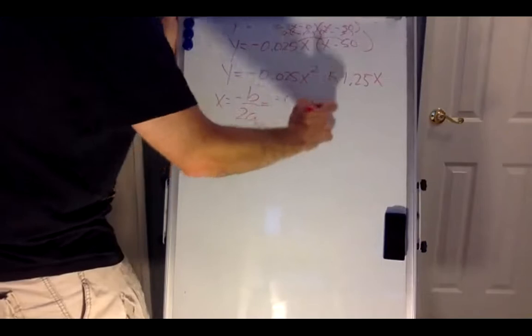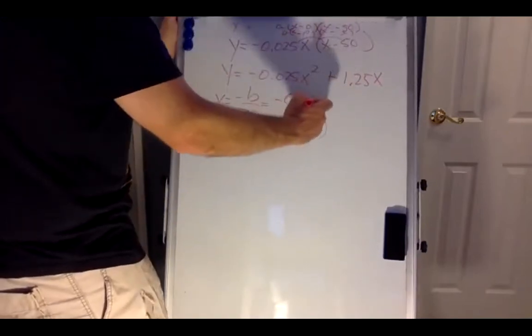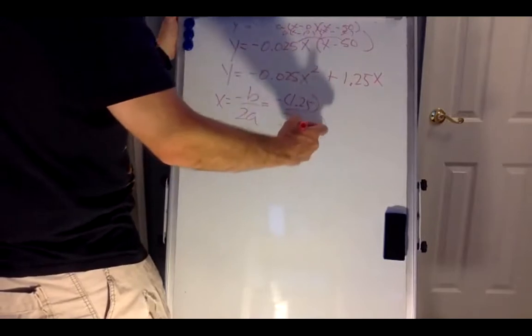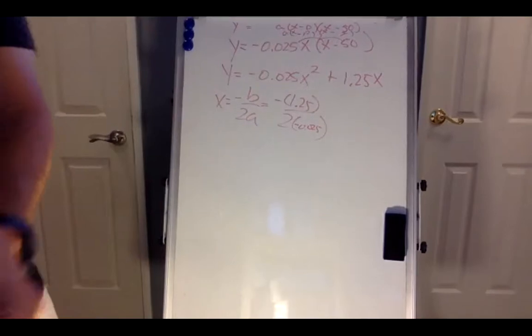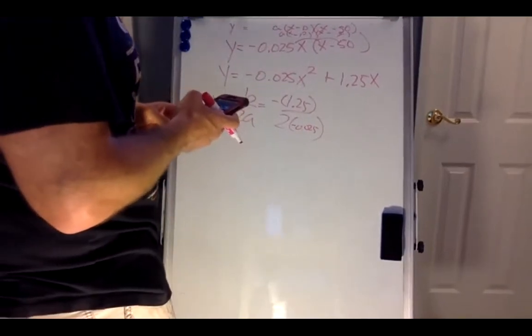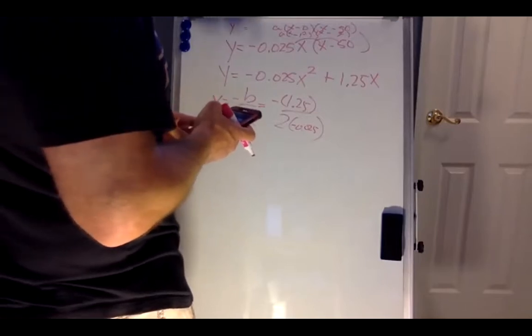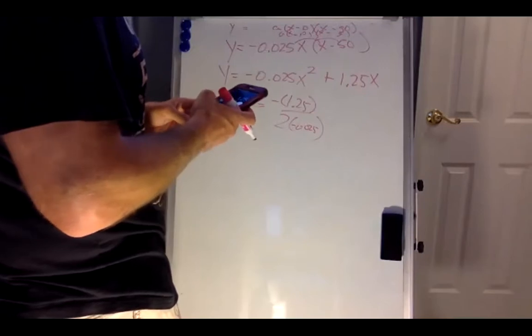So then negative b over 2a, I'm going to substitute. b is 1.25. a is negative 0.025. And then it's going to be positive. Okay, so that's going to be 1.25 divided by 0.05.